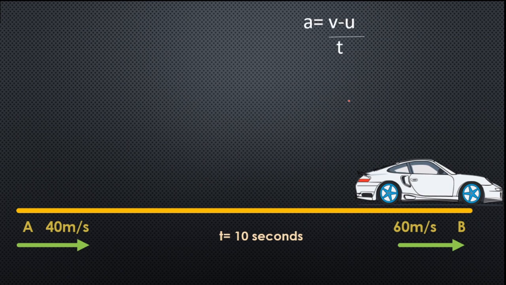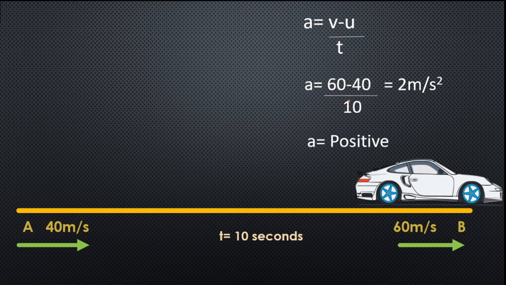If I calculate my acceleration in this case, it comes out to be 2 meter per second square. And this 2 meter per second square is positive because the velocity of this car is increasing. At point A it was 40 and at point B it is 60. So the velocity of the object increases, and in this case the acceleration would be positive.